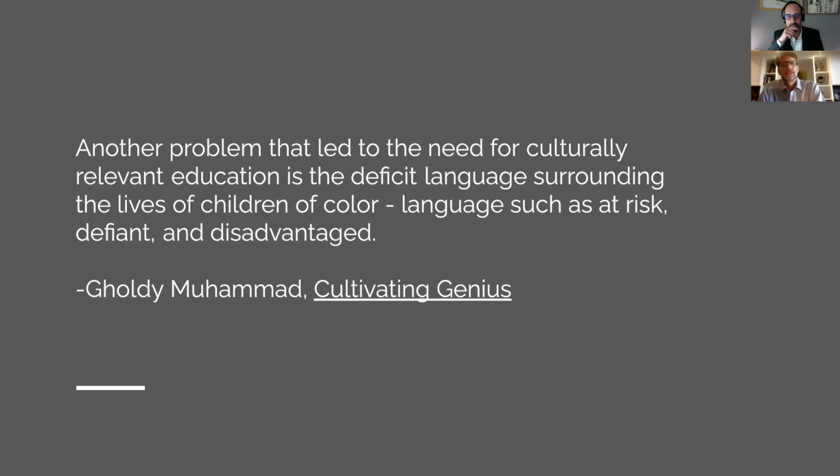So that brings us to Goldie Muhammad and her work, Cultivating Genius. The idea that you might be spiking students inadvertently in your school by the use of deficit language. So one of the things that we need to think about to make education more relevant to all is this idea of deficit language. So do we have deficit language around students, things like at risk, defiant, disadvantaged?